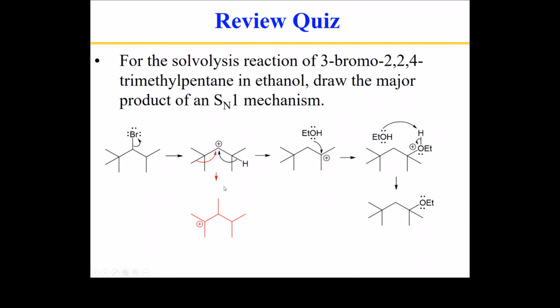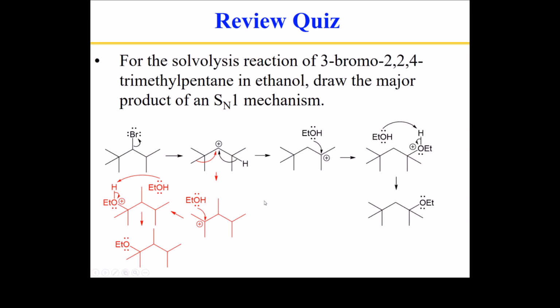This methyl group shift would represent a minor product. And then we'd see the same final two steps where the ethanol jumps onto the carbocation, and then something has to come along and deprotonate the ethanol. So these two ethers that we end up with are different ethers, and the black pathway right here represents the better pathway, the major product formation. The red pathway represents a minor product.